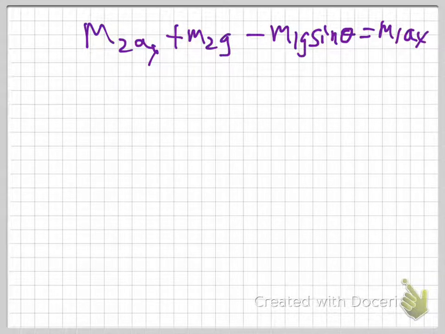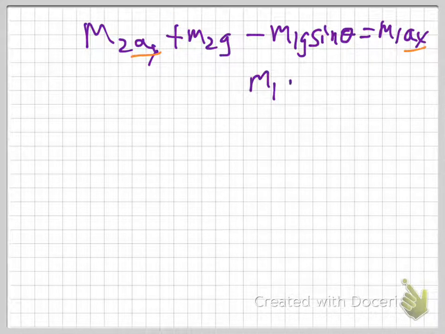So it doesn't matter that one is ax and one is ay, because they are attached to each other, they're going to be the same. The only way I can solve for this is if I get those two accelerations on the same side.